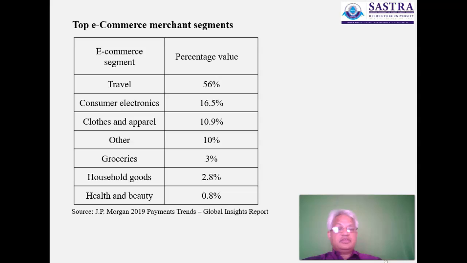This is followed by consumer electronics, which comes to almost 16%. That means among all the goods, travel is preferred the most, for booking tickets, etc., followed by purchase of consumer electronics, then apparels, followed by very few quantities, maybe going for grocery, other household goods, and health and beauty. And this is typically what is happening in India's e-commerce landscape.